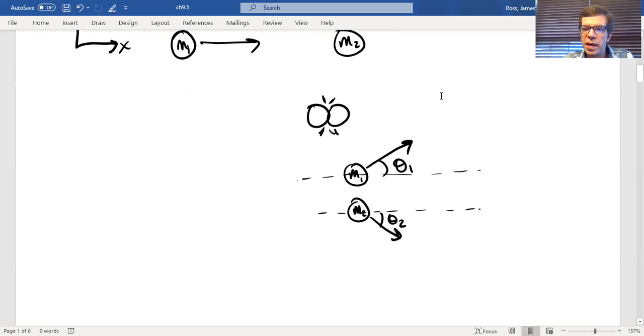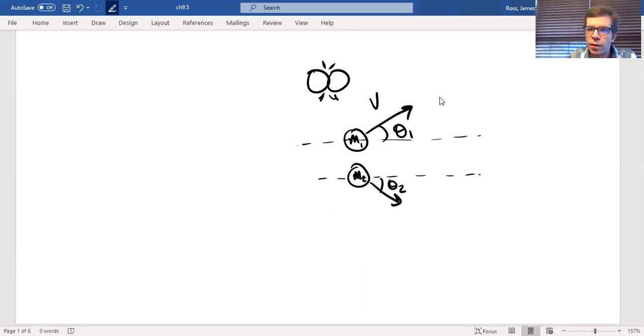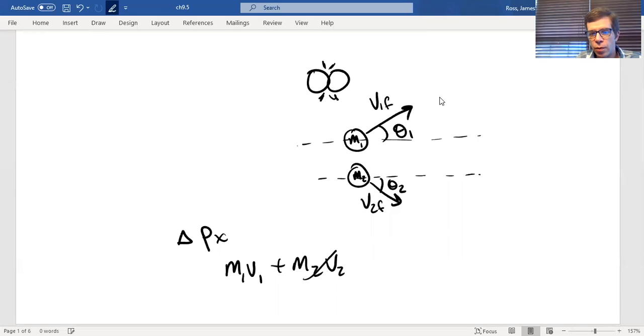All right, what does this mean for their velocities? So this is our V1 final and our V2 final. Well, if we look at conservation of momentum in the x direction, we have M1V1 plus M2V2, which was initially 0, equal to what? Well, we need components, right? We're going to get our x components of our final velocities.